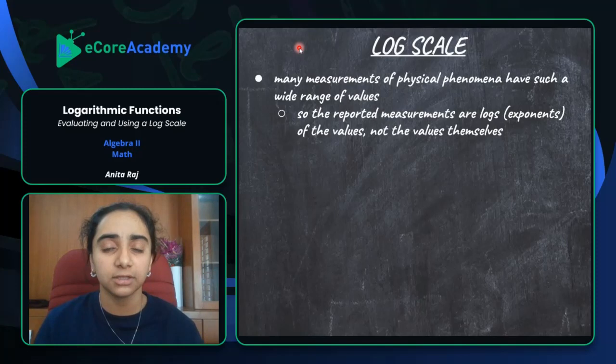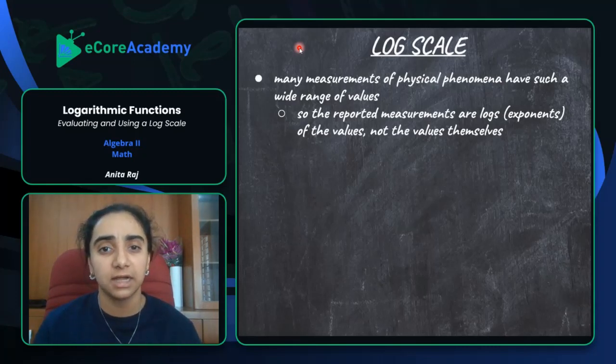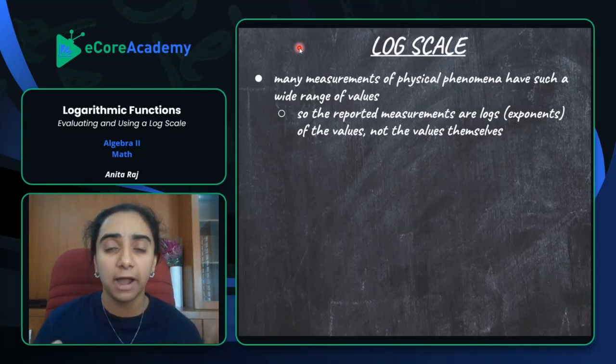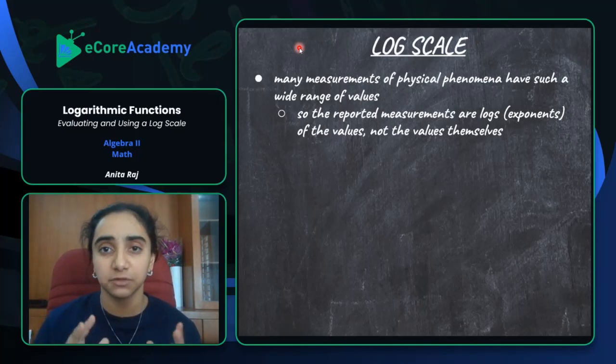So the log scale consists of many measurements of physical phenomena that have such a wide range of values. So things like earthquakes and hurricanes, those are major physical phenomena, and even things maybe in physics and science. To measure these enormous physical phenomena that we just cannot measure with our regular measurement system, because they have such a wide range of values that are so large, we actually write them in terms of a log scale.